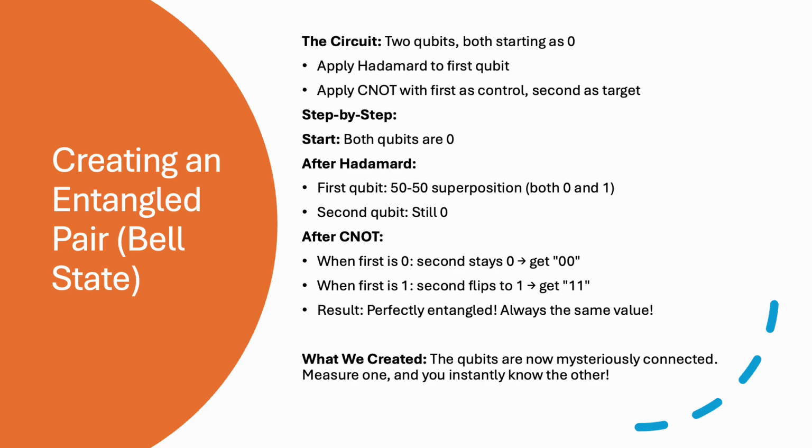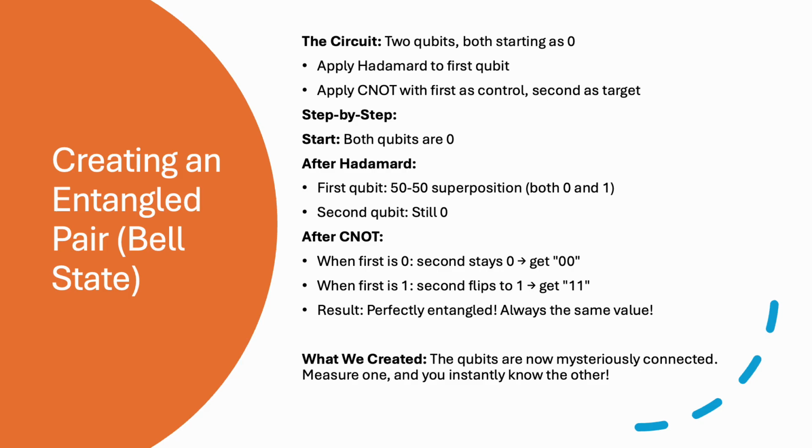We start with two qubits, both in the state 0. You can think of this as our initial state |00⟩. The first operation is to apply a Hadamard gate to the first qubit, leaving the second qubit alone. After the Hadamard gate, the first qubit is in an equal superposition of 0 and 1, while the second qubit is still definitely 0.